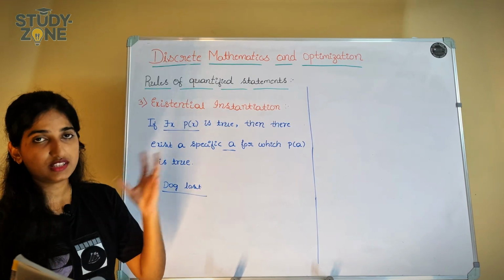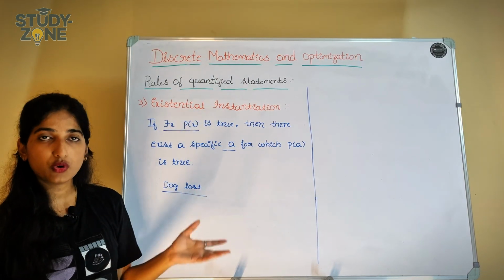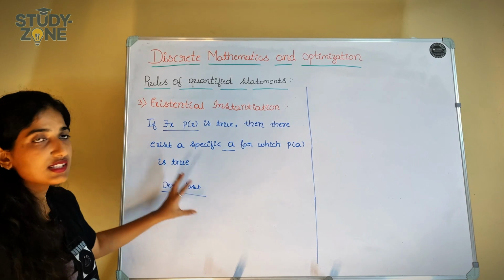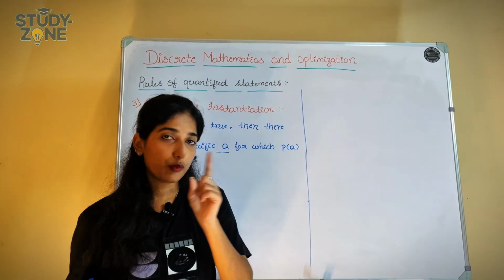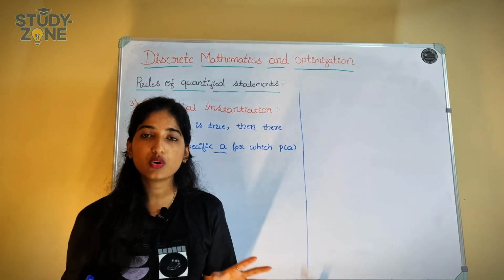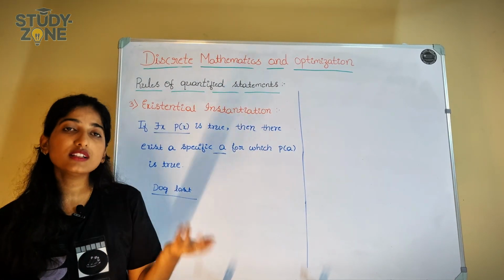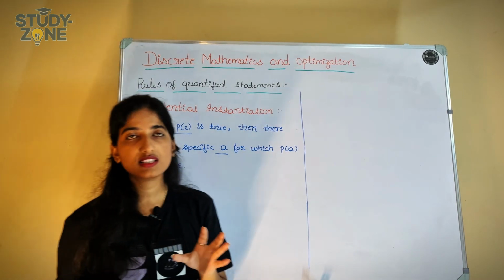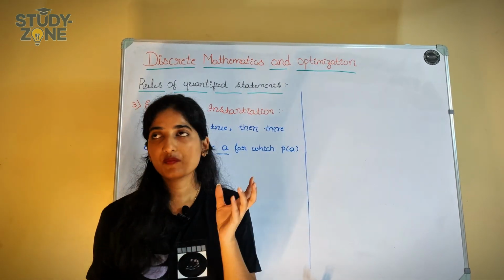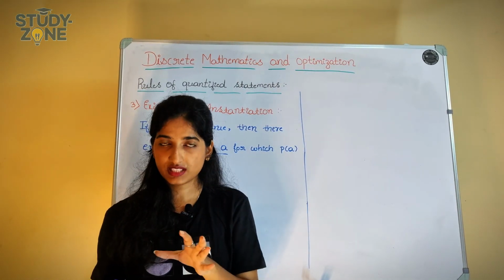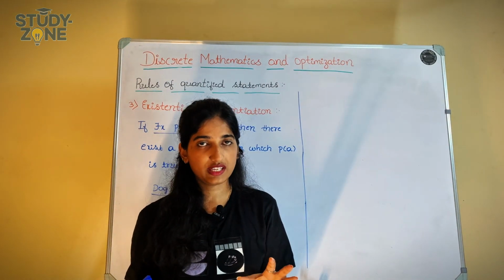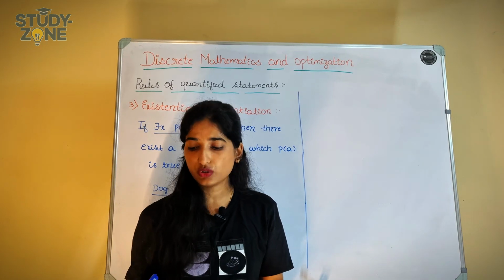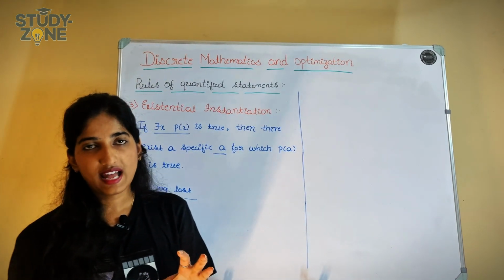We don't know which dog is lost. We just know that some dog is lost in the city. Since we at least know one dog is lost in a city, we introduce a specific but unknown dog. So we assume that we introduce one dog, not specifying, but one unknown dog, and it is called Bruno.